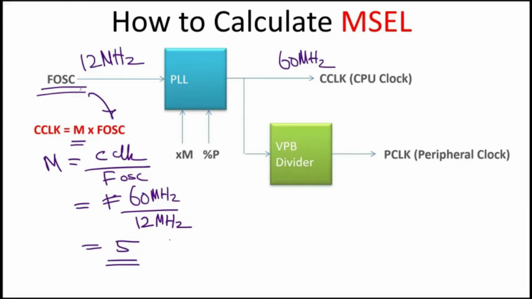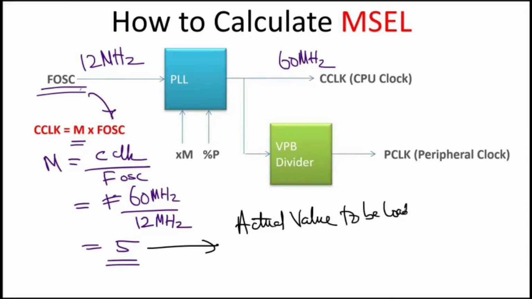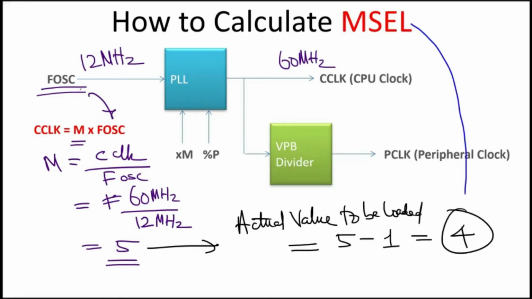So this is the desired value. The actual value to be loaded equals the desired value minus 1. So 5 minus 1, 4 is what I will load. So for M select, we put a value of 4.